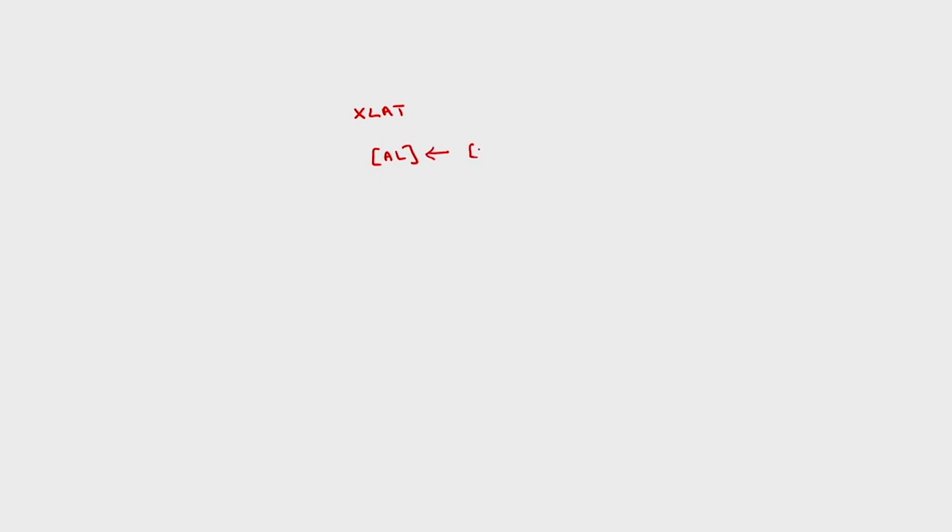AL will be loaded with the contents of AL plus the contents of the memory location pointed to by the BX register. So this instruction is equivalent to MOV AL comma AL plus BX.